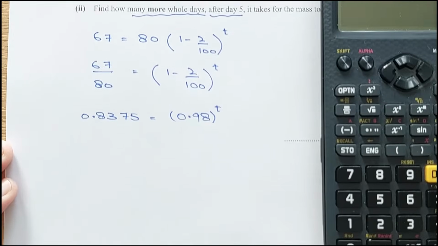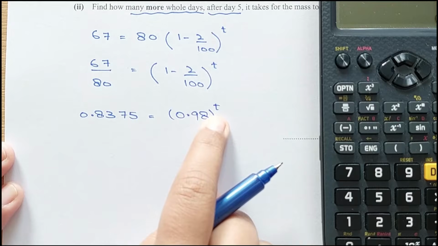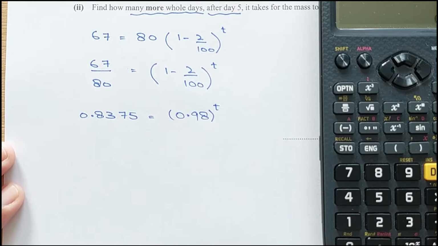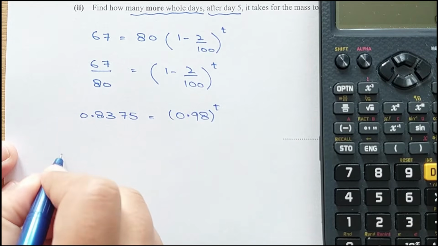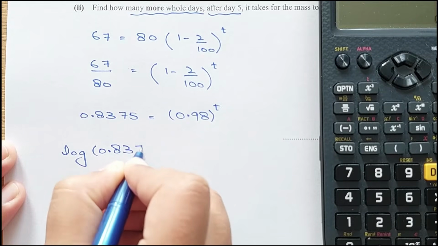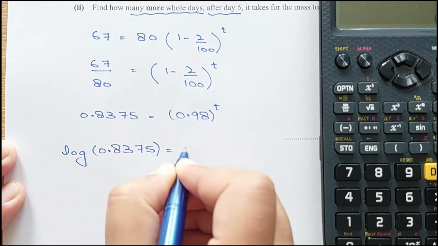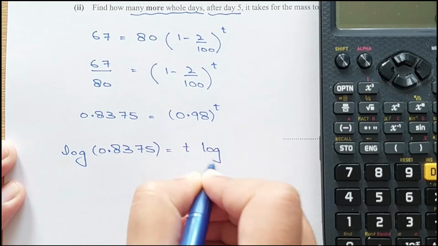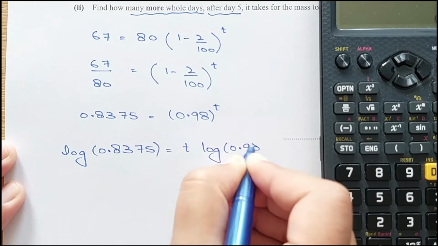Now the exponent t, we have to find the number of days. It is in the power, so we have to take log on both sides. So log of 0.8375, we put t before the log of 0.98.